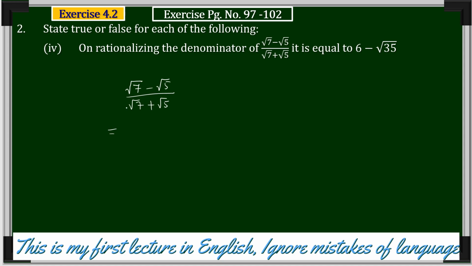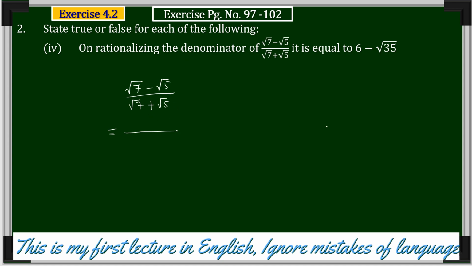To get the rationalizing factor of the denominator, simply change the sign of square root 7 plus square root 5, meaning you have to multiply by square root 7 minus square root 5. Why? To complete the formula a square minus b square.